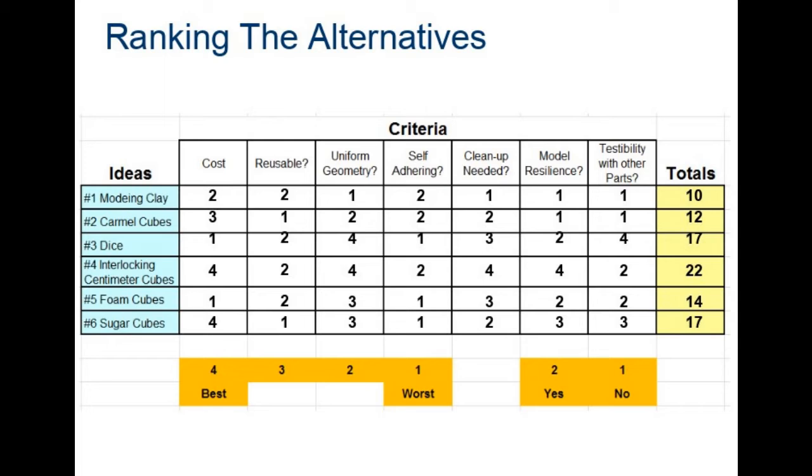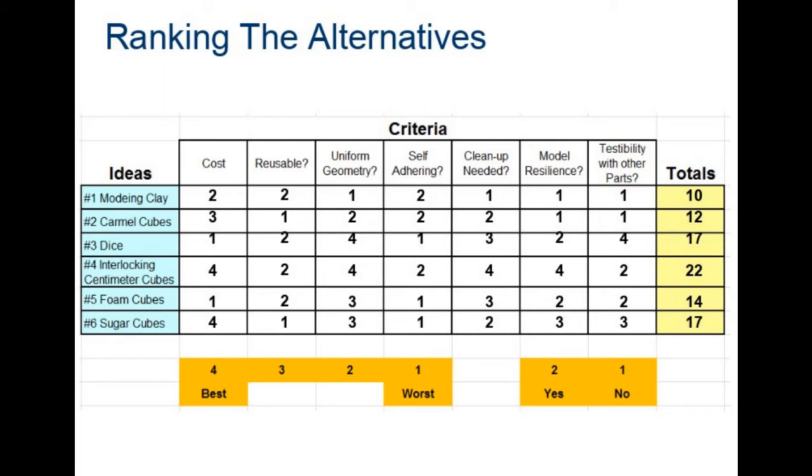So here, the interlocking centimeter cubes look like my best option. You do need to consider if there may be things you're taking into account other than this. So for example, if I have a budget of $1,000 and the dice, which is a high cost, came out to be the best on everything else, it might show up here as the best, but the cost might make it not work.